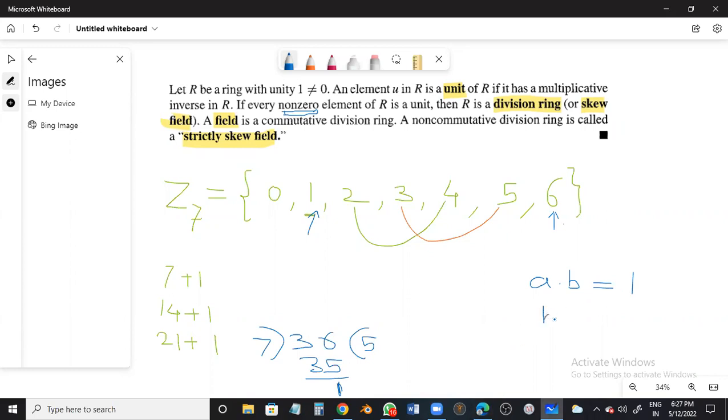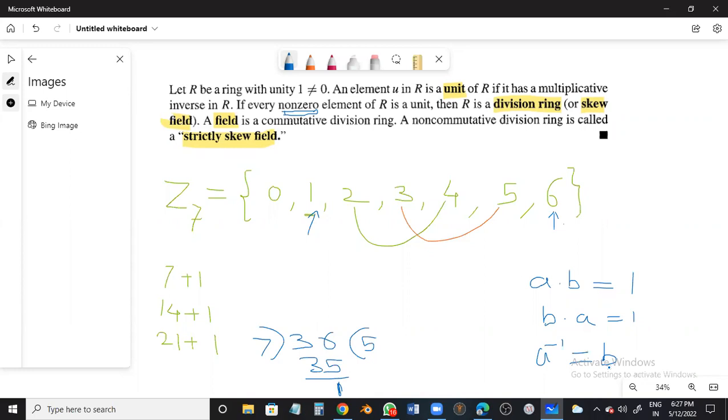Naturally, at the same time B into A also happens to be 1. So B is the inverse of A, and we write it as A raised to minus 1. So A raised to minus 1 is B, meaning B is the inverse of A. I hope you followed it. So this was the definition of unit.